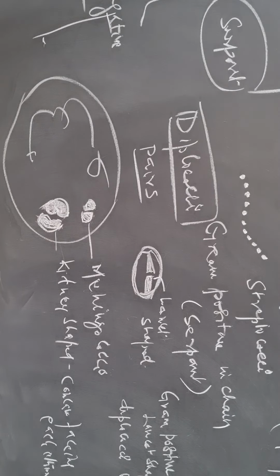Acid fast means they do not get decolorized with acid alcohol mixture. Third one is gram staining.